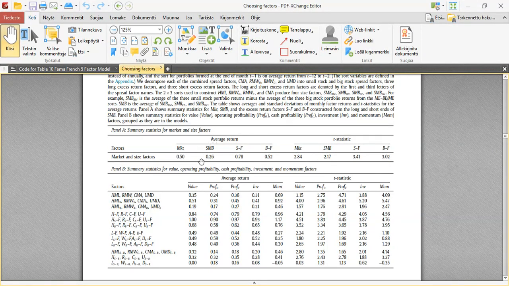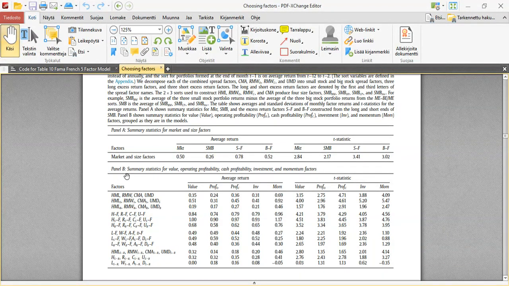Also, the size factor generates an average payoff of 26 basis points per month, or 0.26% per month, with a corresponding t statistic of 2.17, indicating significance on a standard 5% significance level, because 2.17 exceeds the critical value of 1.96.